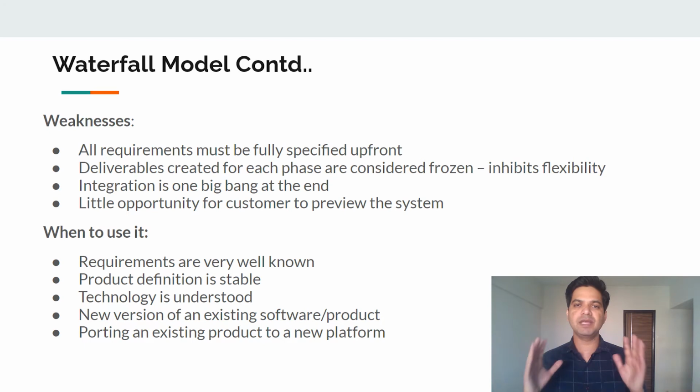Integration is one big bang at the end, which is challenging, because during the integration phase there can be many bugs, and the development team will take a long time to fix all those issues. That might cause some delay in the overall delivery.